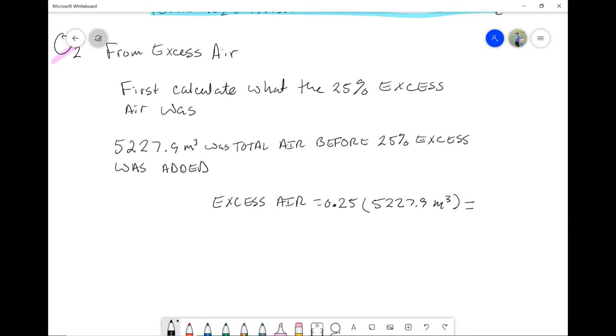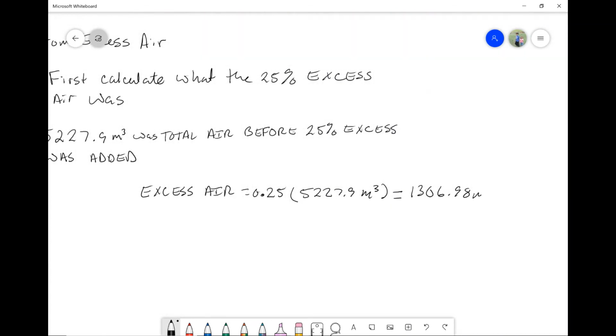And so that equals 1306.98. So this is the excess air.